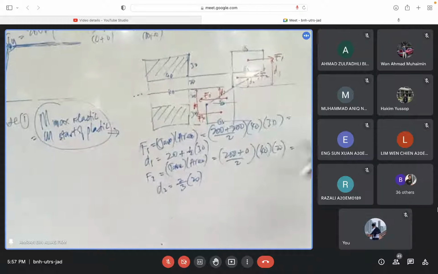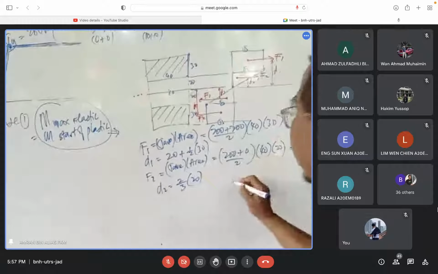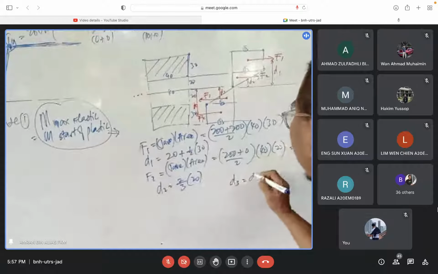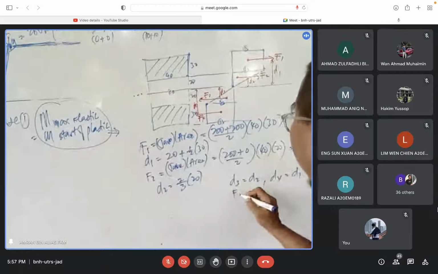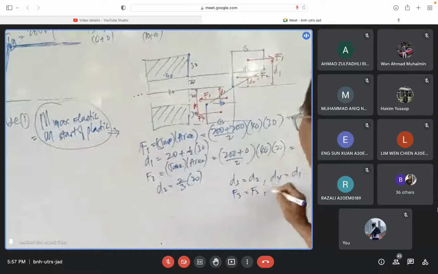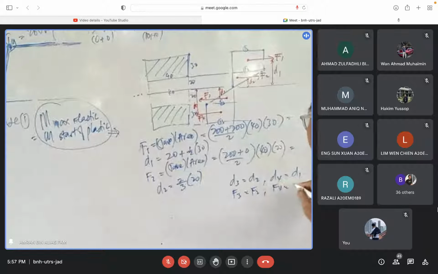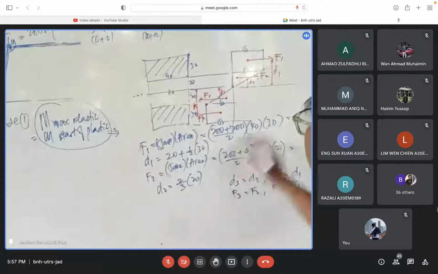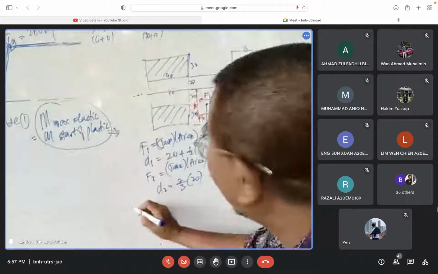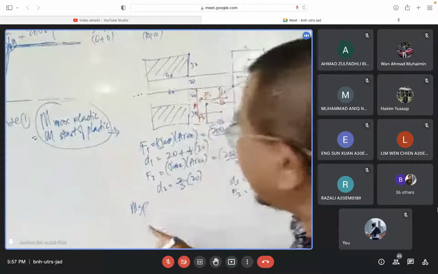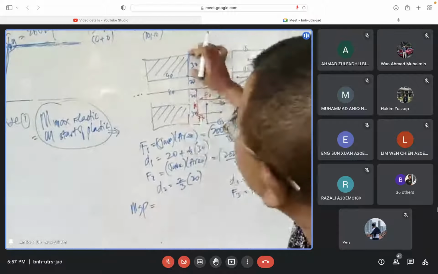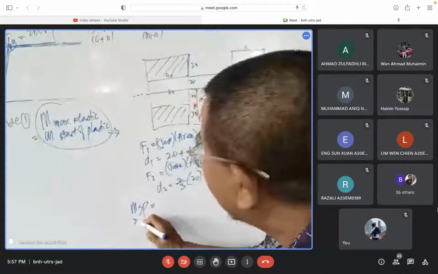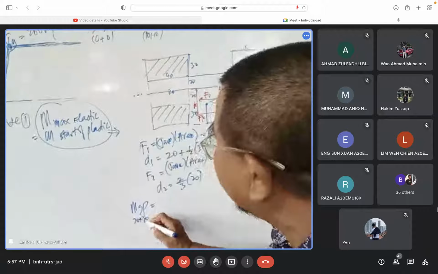Okay? And then we clarify. D3 is equal to D2, D4 is equal to D1, F3 is equal to F2, F4 is equal to F1. Everything is there. And then we calculate what is the moment separa plastic, not just MSP. Must know how much plastic there. 30 plus 30 plastic.